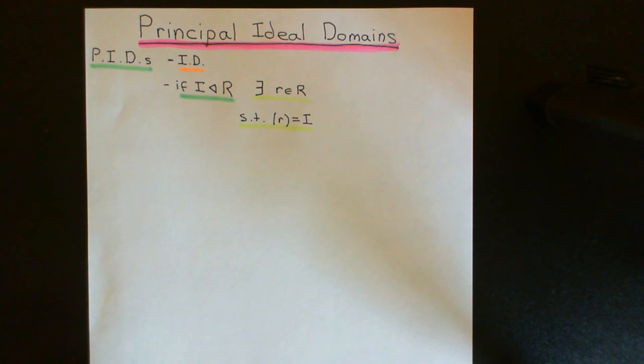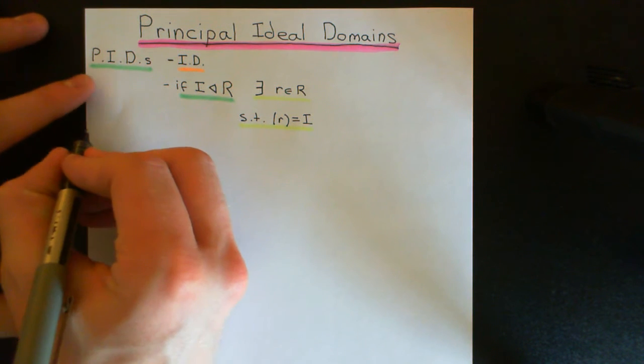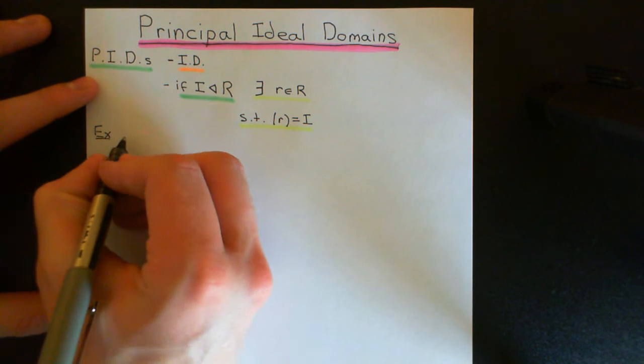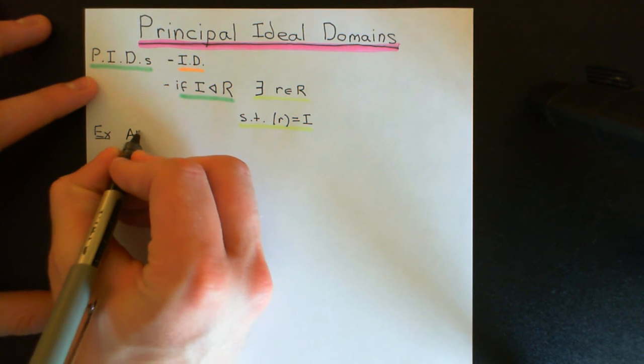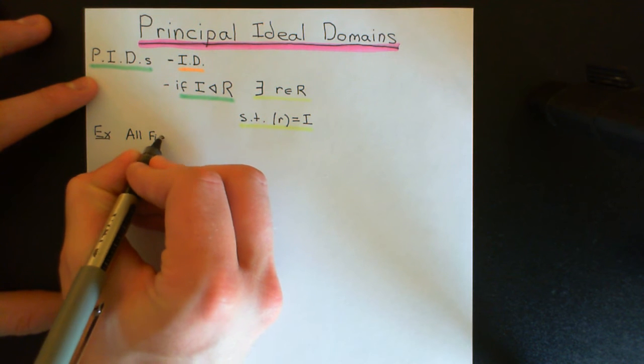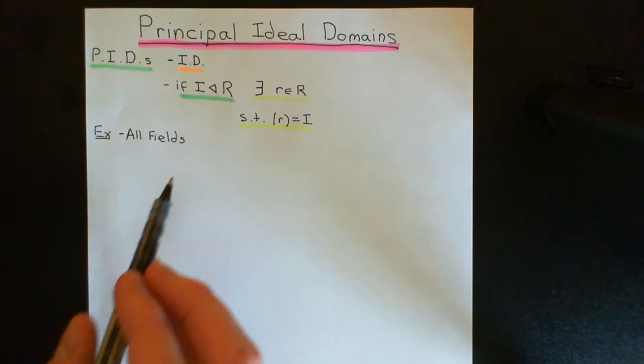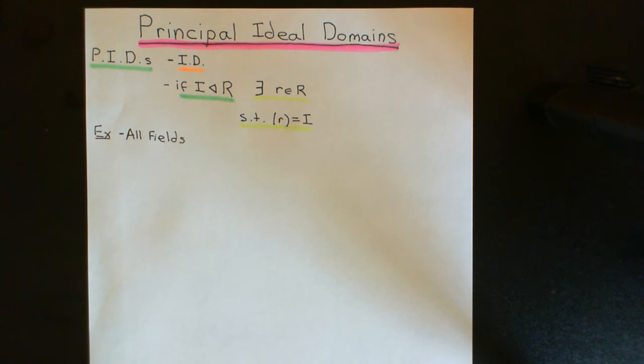Let's see some examples then of principal ideal domains. The first really trivial example is all fields. That's not exactly one example, it's a whole category of algebraic structures that are all principal ideal domains. Remember, a field is a non-zero commutative ring in which all non-zero elements have a multiplicative inverse.